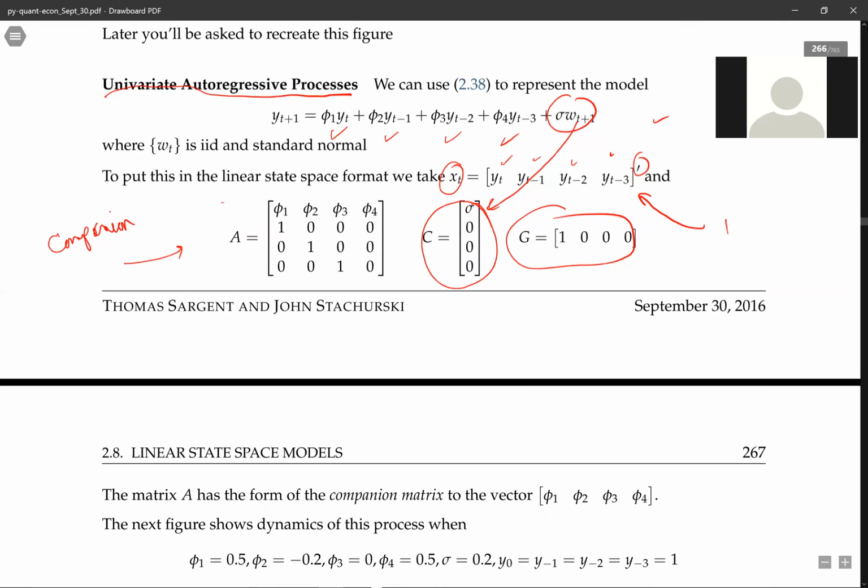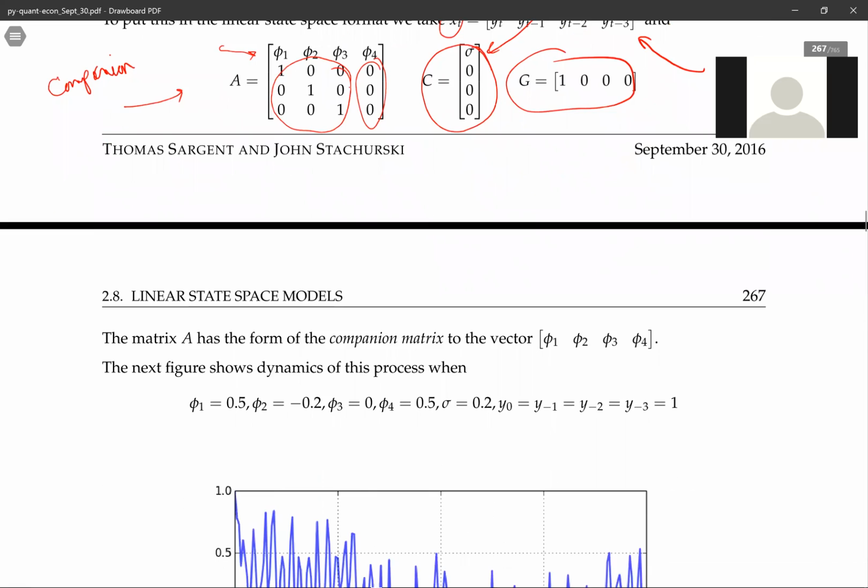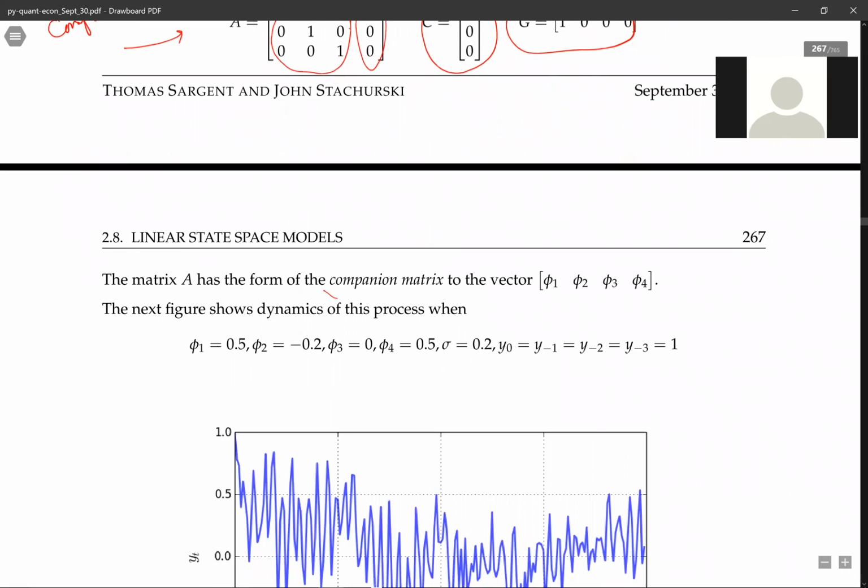It's got these phis that do all the work for us, and down here it's got an identity matrix, and here it has a block of zeros. That's called the companion matrix form. No reason you have to know that, but it's pretty handy.